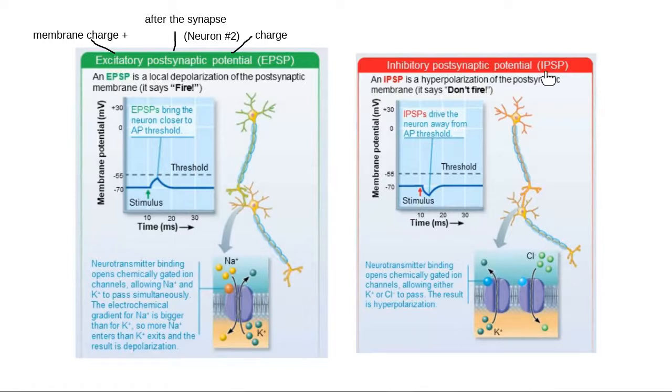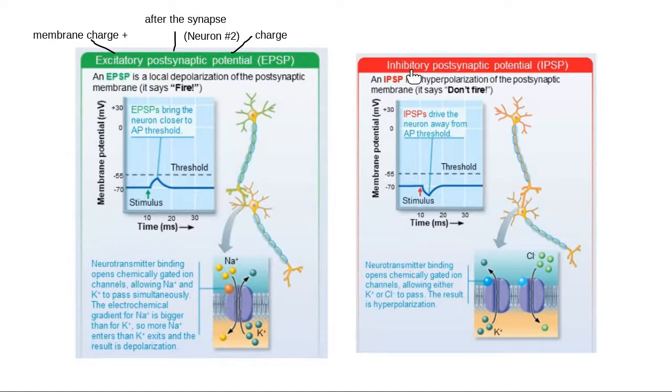The same thing applies over here with an IPSP, an inhibitory postsynaptic potential. We're still talking about membrane charge because of potential. We're still talking about that neuron that receives the message with postsynaptic, but now we're talking about a change that is an inhibitory change.